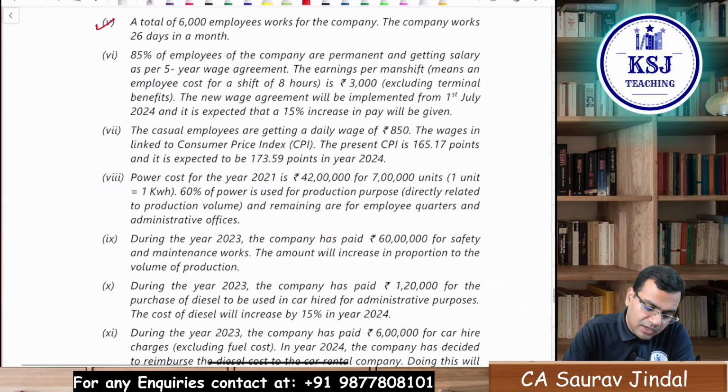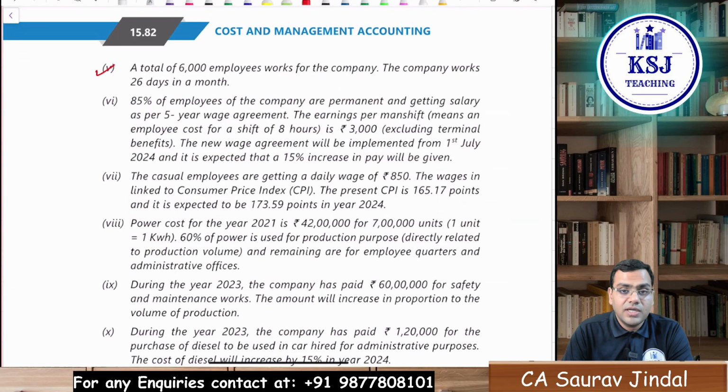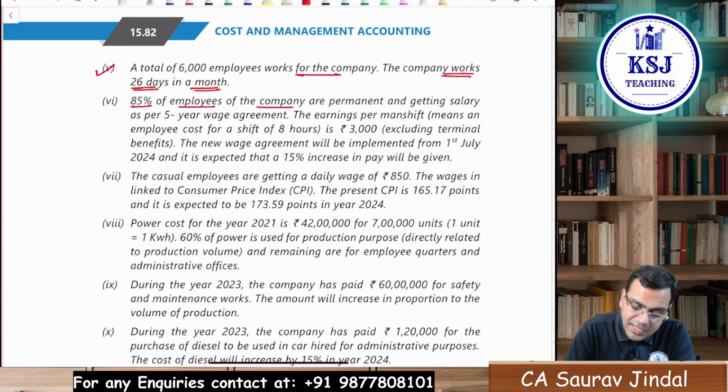Let's see the next point now. A total of 6,000 employees work for the company. The company works for 26 days in a month. 85% of the employees are permanent and getting a salary as per the 5-year wage agreement.